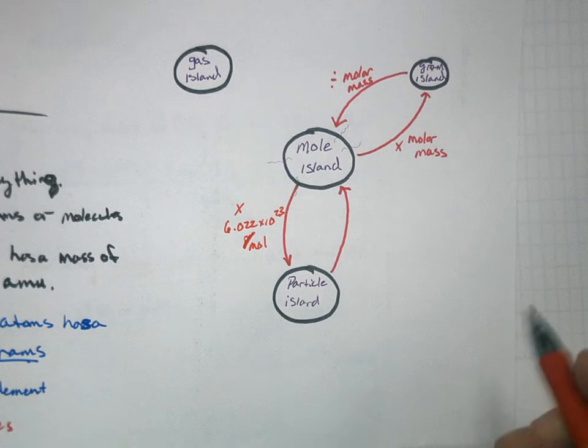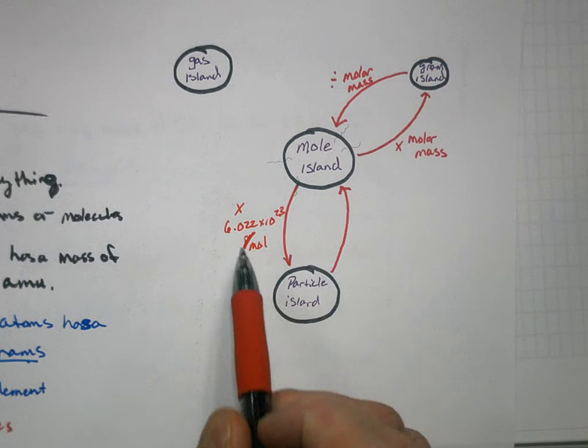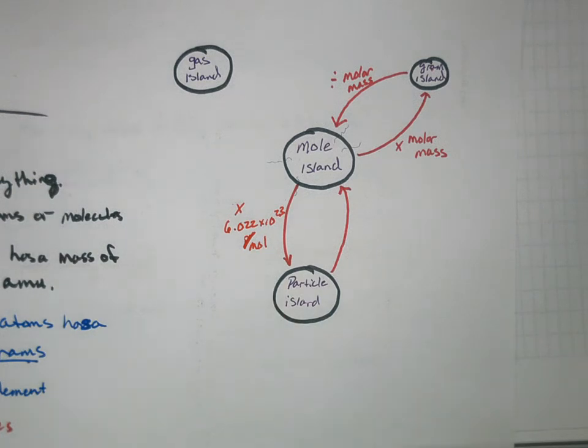And I don't have a unit on top of that because there really isn't one. This is just things. It's whatever you're counting. Okay, so in this case it was atoms. It could be particles, it could be molecules, it could be whatever.